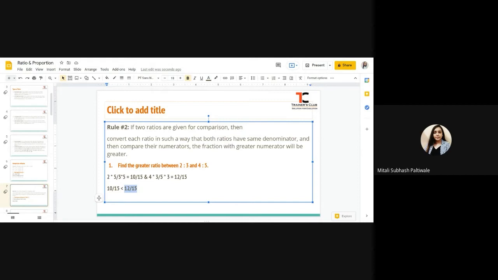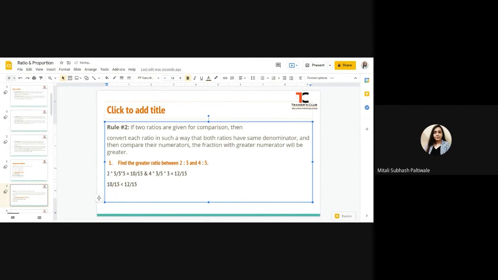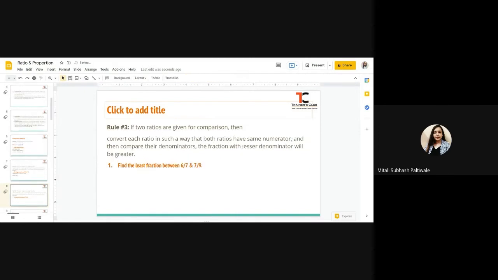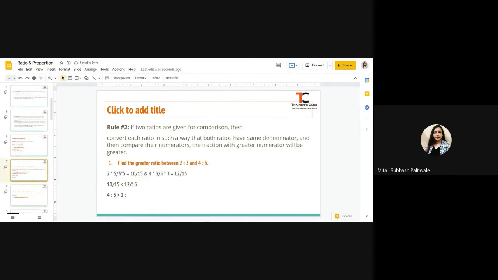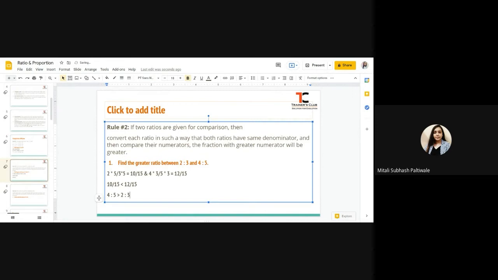Now 12 by 15 is of what? 4 is to 5. So simply 4 is to 5 is greater than 2 is to 3. Okay, so now this is another rule. Now rule number 3 says, now here is the rule number 3, and just a moment.